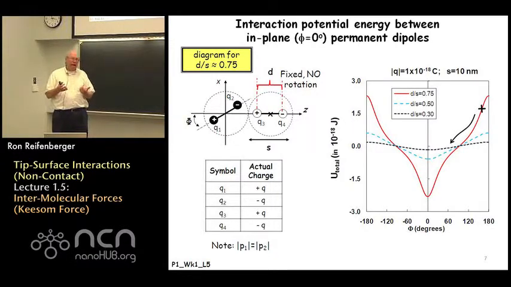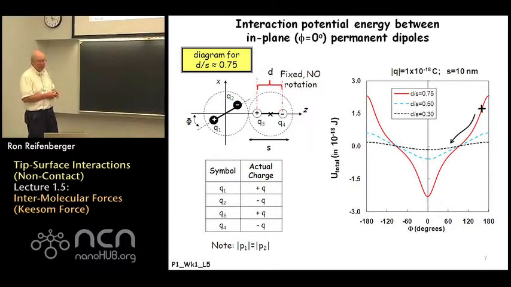Another way to build confidence in your understanding of how the two dipoles interact, one with respect to another, is to consider this simple situation that I've calculated in this particular slide. Here what I do is I consider two dipoles spaced a distance apart.